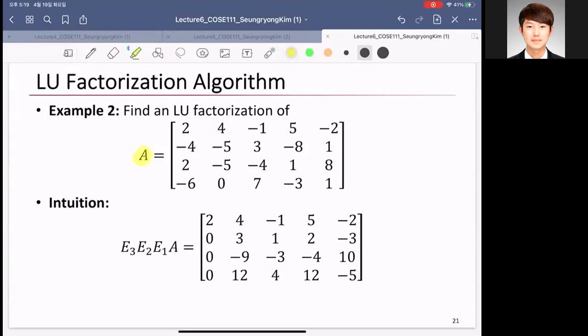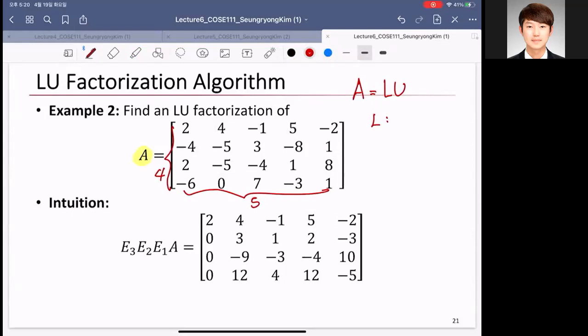So the original matrix A is a 4 by 5 matrix. Then we want to factorize A equal to L times U. So first of all, what is the size of L in this case?